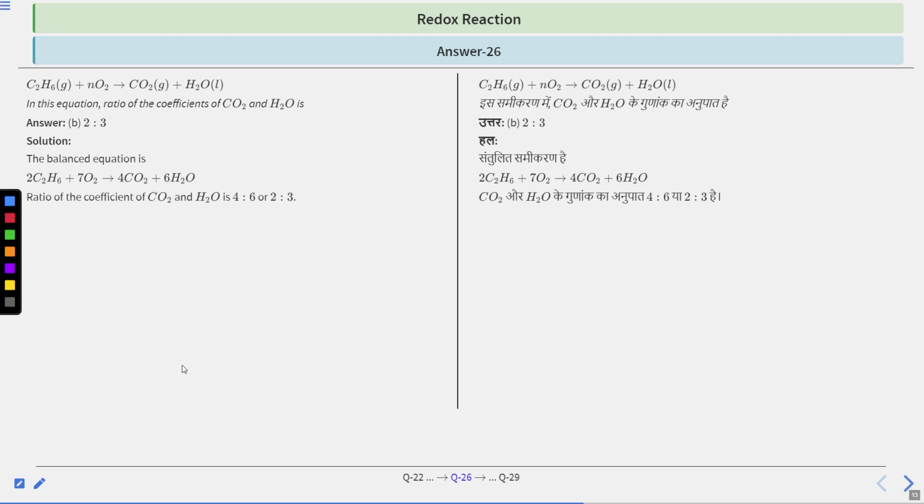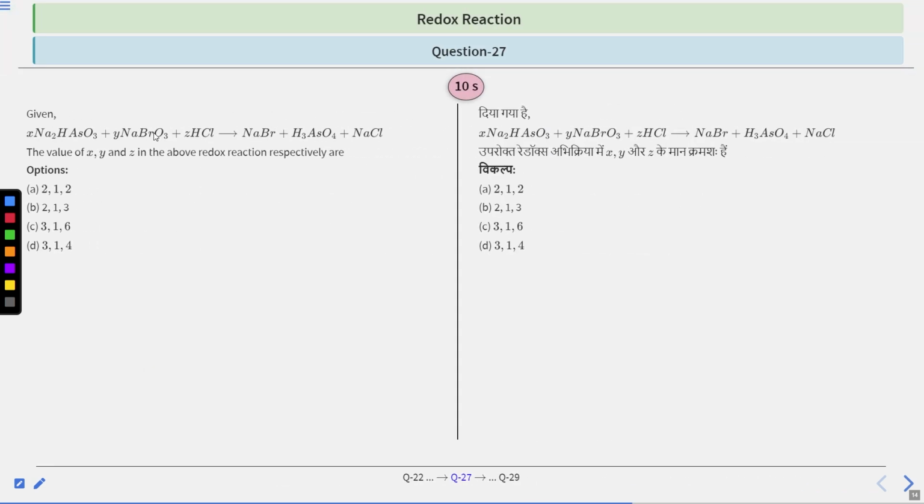Okay, moving to the next question. Question number 27. It is given that X Na2HAsO3 plus Y NaBrO3 plus Z HCl, giving us NaBr plus H3AsO4 plus NaCl. We have to find out the values of X, Y, and Z in the above redox reaction respectively.